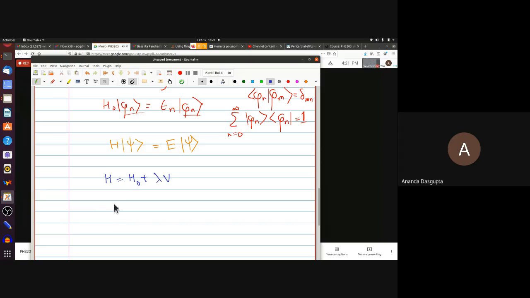So basically, this is the beginning, but then we assume that our ket xi can also be written down something like this: ket xi 0 plus lambda times ket xi 1. So xi 0 is basically, given the fact that when lambda is 0, xi becomes xi 0, we expect xi 0 from the very beginning to be an eigenket of H0, which is of course what H becomes when lambda is 0.